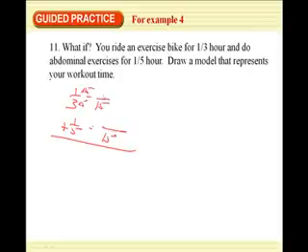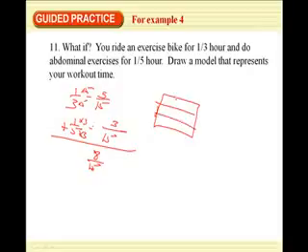Times 5 would be 5/15, times 3, so I'm getting 8/15. So we would cut our picture up into 15 pieces. 3, 6, 9, 12, 15. And color in 8 of them. 1, 2, 3, 4, 5, 6, 7, 8.